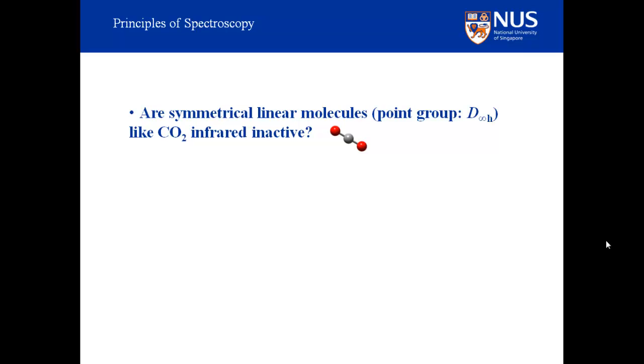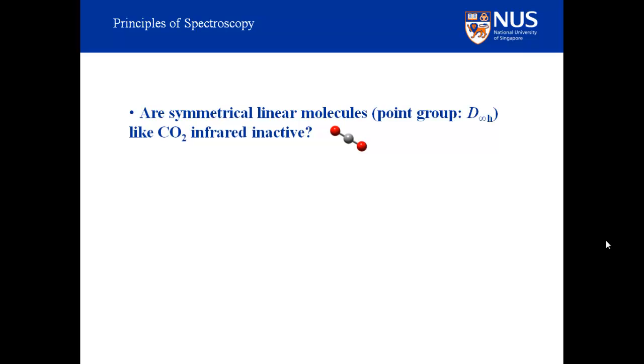So we know it must be infrared active, but its symmetry seems a bit peculiar, because we might expect perhaps that this molecule won't have a dipole moment while it's vibrating. But there's of course more than one vibration that can occur in this molecule. During the symmetric stretch, as the oxygen atoms move out in phase with each other, the CO bond lengths stay the same, and the dipole moment is zero at every point during the vibration.